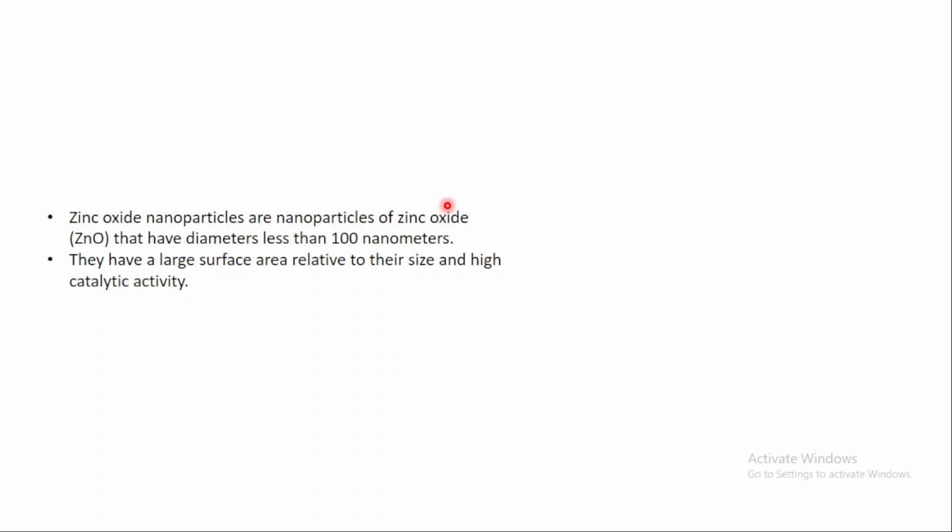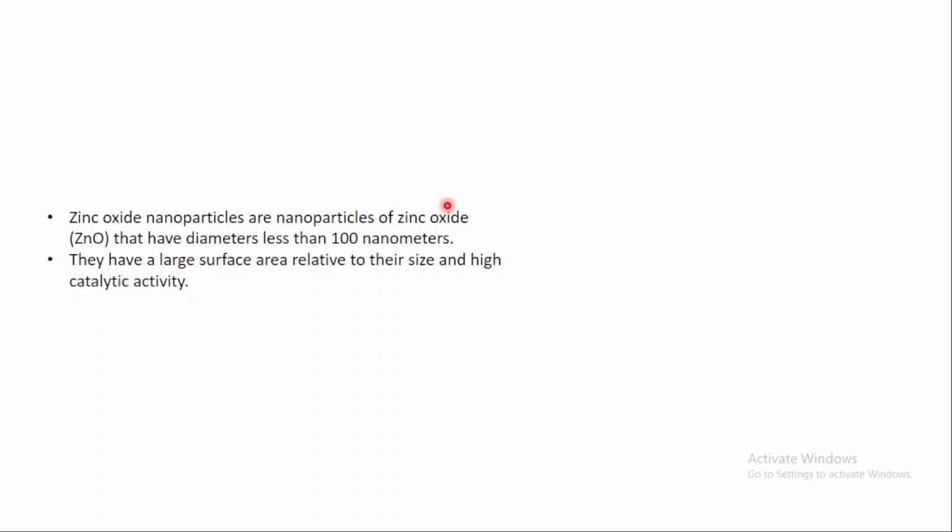Nanoparticles, due to their small size, have a high surface area to volume ratio. It means the amount of volume they provide is much lesser compared to the surface area.